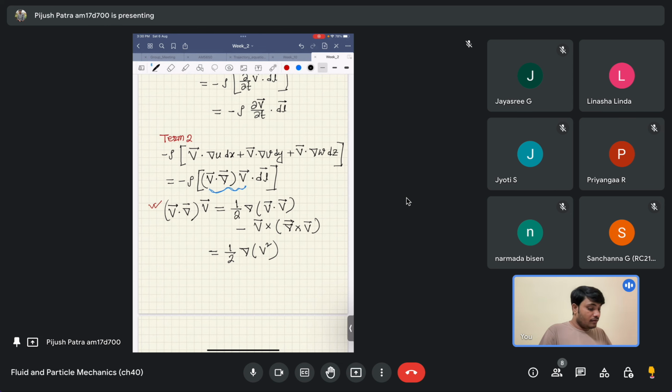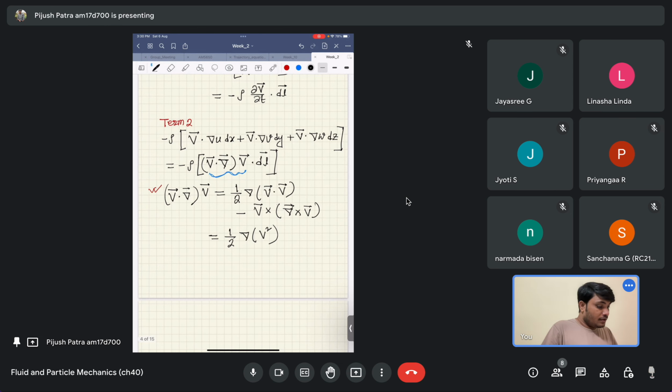And this quantity, the gradient operator crossed with the v vector, is something called the vorticity vector. Let me represent it by zeta, so this is the vorticity vector.